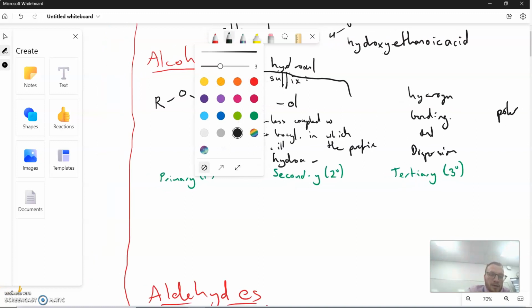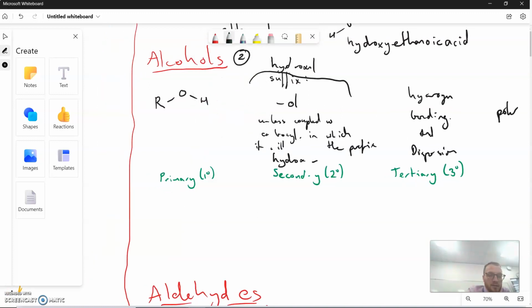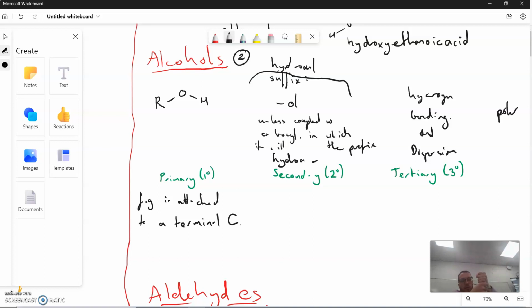So a primary alcohol is a hydroxyl functional group where the functional group is attached to a terminating carbon. Or if we want to think of it in another way, the carbon that the hydroxyl functional group is attached to is only attached to one other carbon.